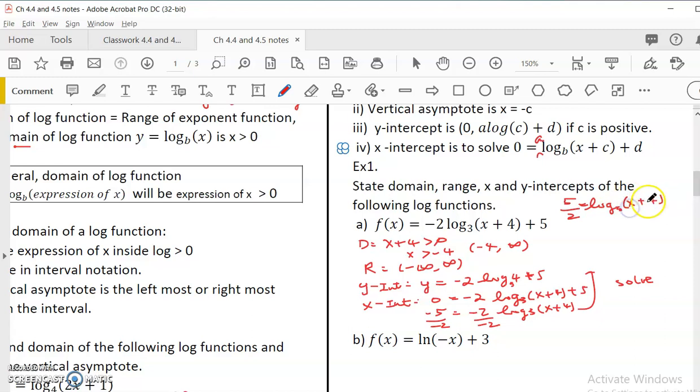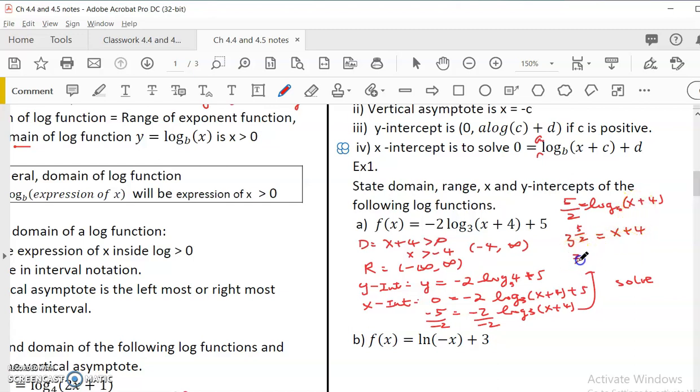So this is a log expression. I'm going to rewrite it as an exponential expression. So this was the input of log, so that would be the output, and this is the answer. So that means 3 to the 5/2 is equal to x plus 4, right? The input and output switch.